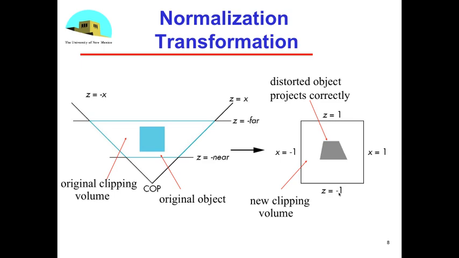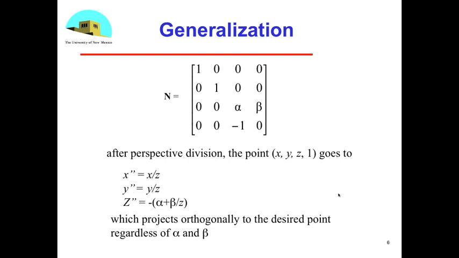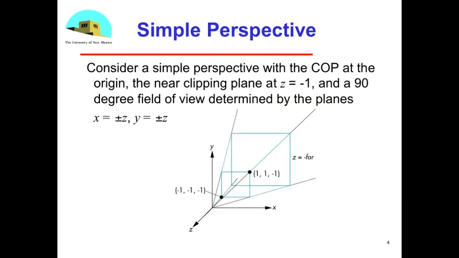Now, the only little thing I'm missing here is that I did this for a problem where the near plane was at z equals minus 1 and the far plane was anywhere. So I did this for a very, very special case. More importantly, I did it for the special case where the sides started off at 45 degrees for the original viewing pyramid.